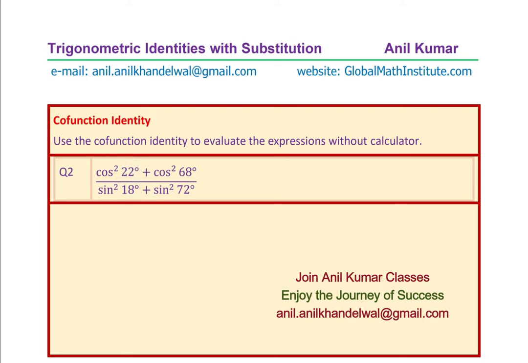And therefore, I'm going to rewrite this as cos square, and instead of 22, we are writing 90 degrees minus 68 degrees. That is 22 degrees, correct? Plus cos square 68 degrees divided by sin square 18.